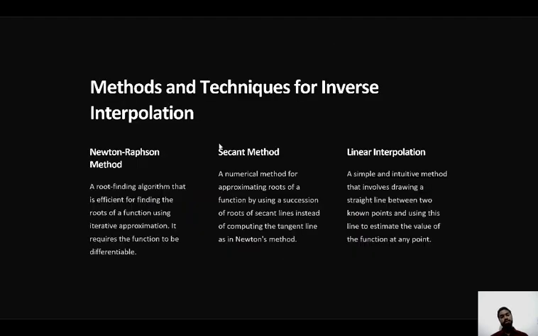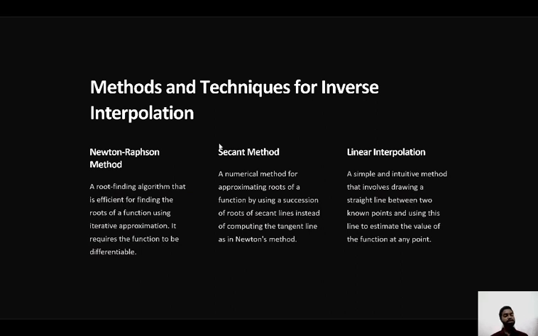Yeah. Methods and techniques for inverse interpolation. There are three methods: Newton-Raphson method, secant method, linear interpolation. Yes. Newton-Raphson method. A root finding algorithm that is efficient for finding the roots of a function using iterative approximation.